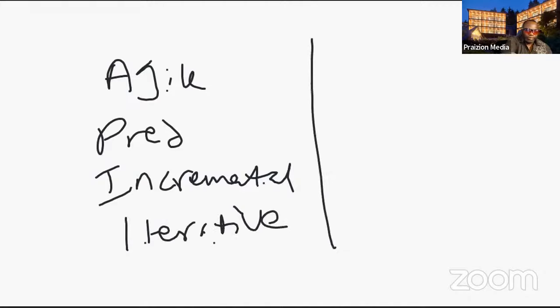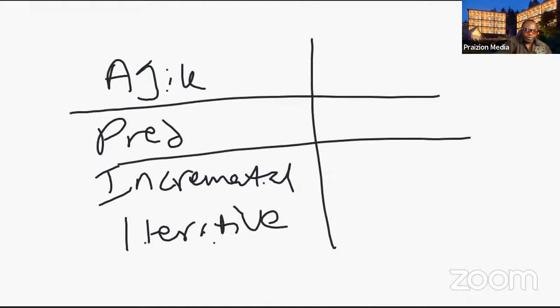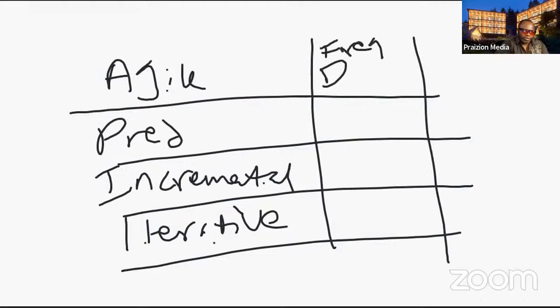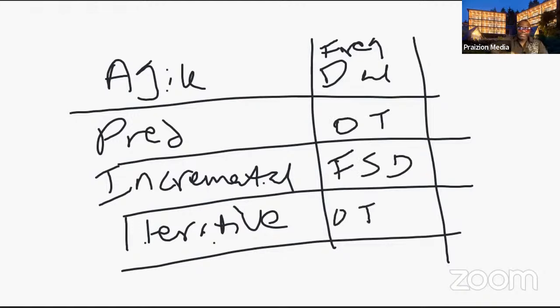These 4 can be categorized in different ways, but one of the ways is delivery. Agile is frequent deliveries. Incremental is frequent, smaller deliveries. Predictive is one time, iterative is one time. That's kind of the mantra that we talk about here in chapter 3, and it gets a little bit more elaborate, going into more and more details regarding these 4.